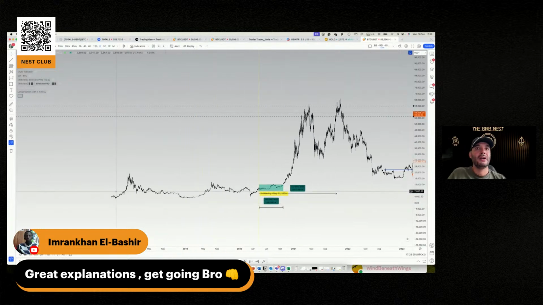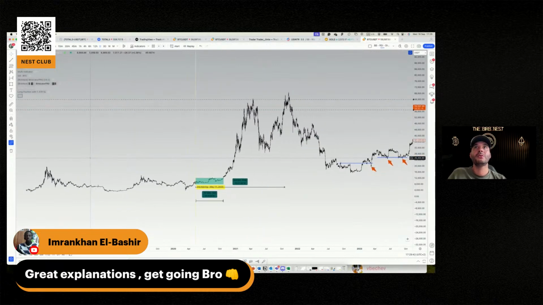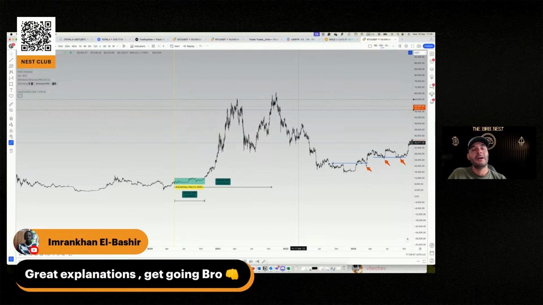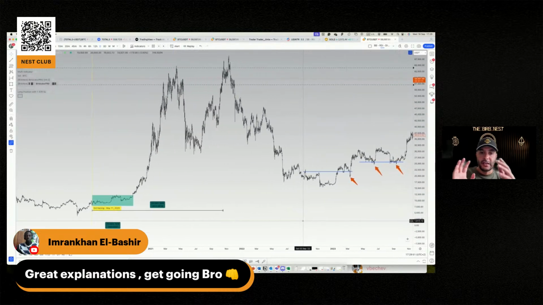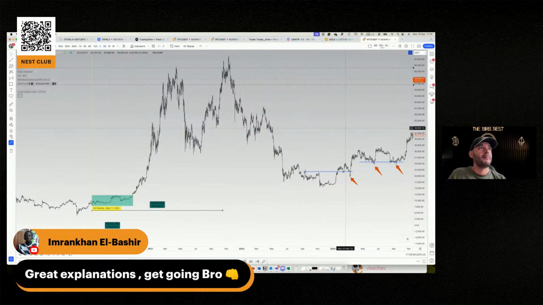And the other halving, which doesn't appear here because it was too long ago for Binance, the second halving, had a similar behavior, a consolidation of more or less 160, 170 days before a real decisive move happened.